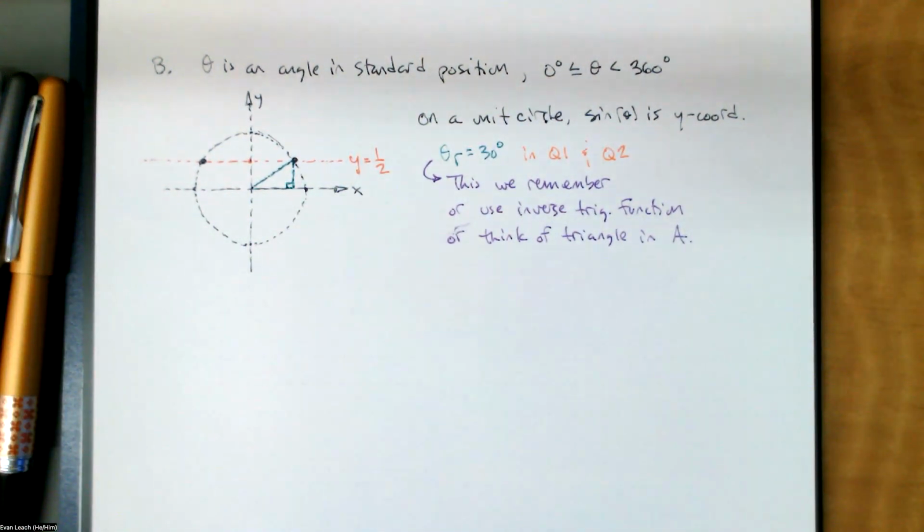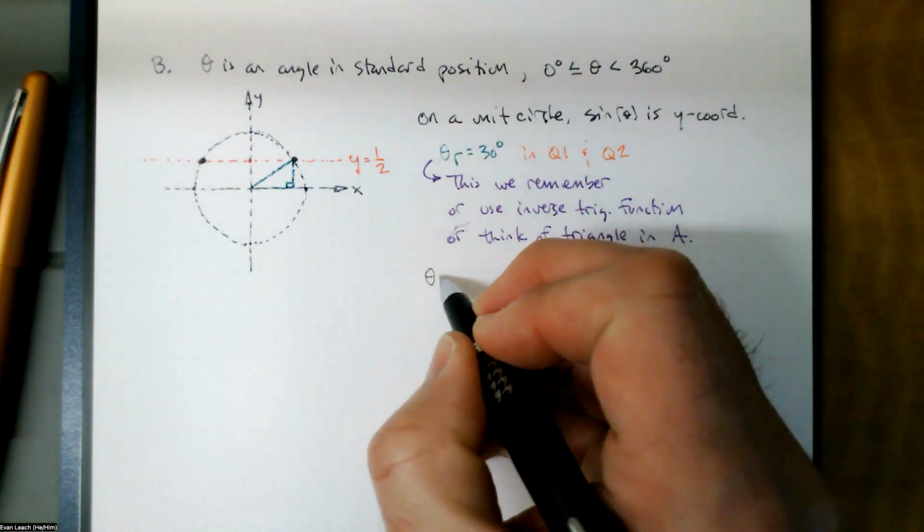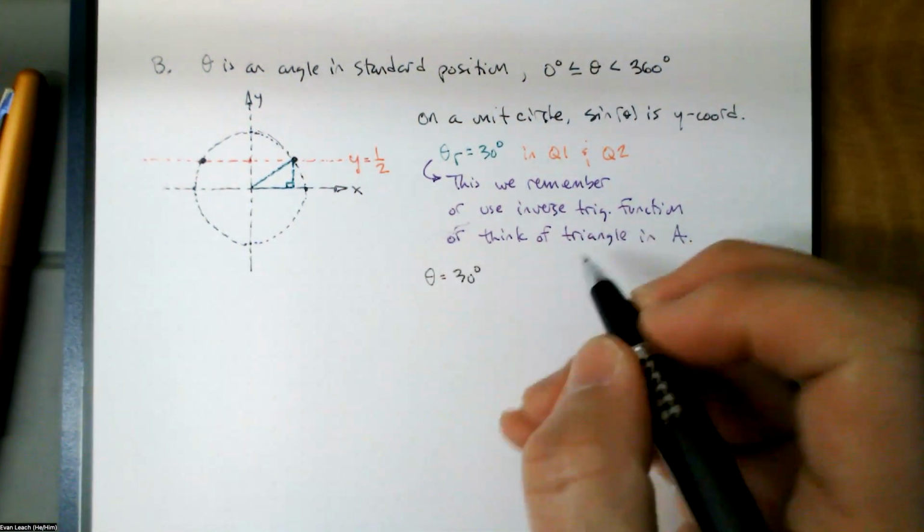Either we just remember that sine of 30 is equal to a half, or we can use an inverse trig function like we did in the previous context, or we can just remember the triangle from the previous context to remember that these are associated. So this little green triangle is the same triangle that we had from before. The difference here is that we've got to put a 30-degree reference angle in quadrant 1 and quadrant 2. So in quadrant 1, theta is equal to 30 degrees.